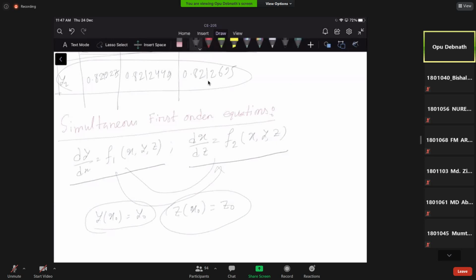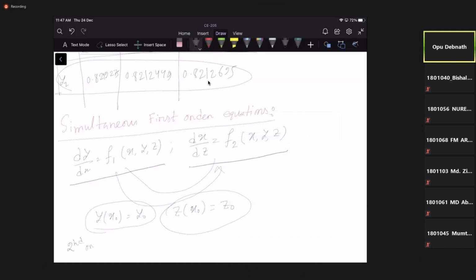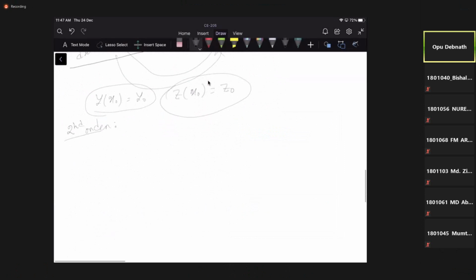Just let me show. So simply, if I show the second order Runge-Kutta method for simultaneous first order equations. Okay, so let's start with second order. For second order we know y1 was y0 plus k.